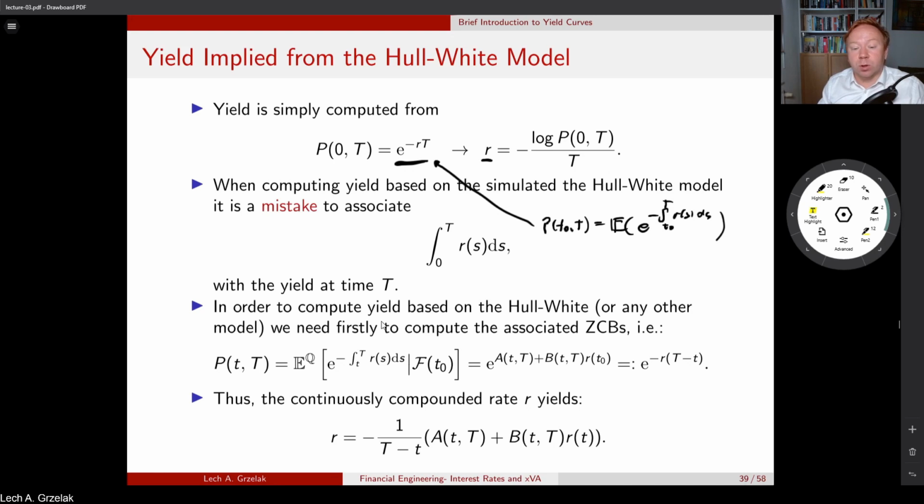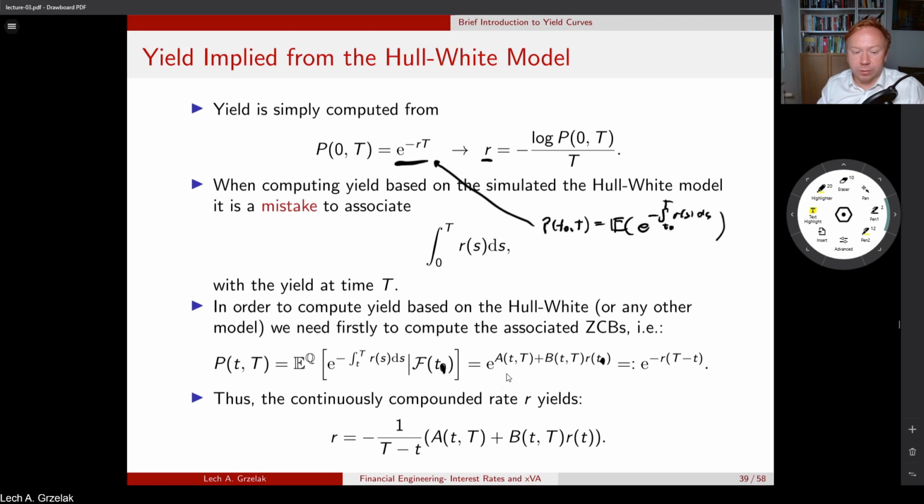If we talk about the Hull-White model, we already know that under this measure, there is a small typo here, this should not be zero. So you see this is also the same here. This always has to be consistent. If I'm looking at an equation and I see an inconsistency between the filtration and some integrals, that's always an alarming signal, because it means something is wrong in the equation.